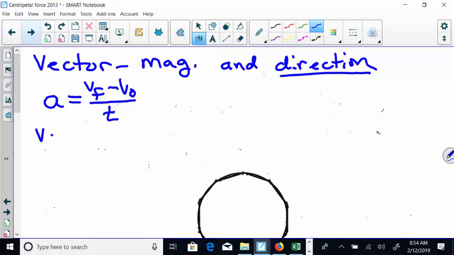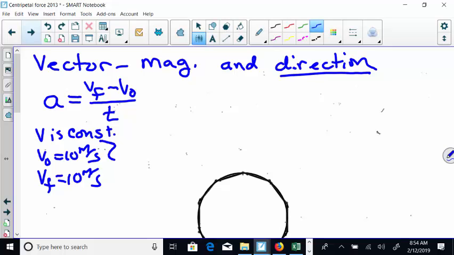If v initial is 10 meters per second and v final is 10 meters per second, I could probably logic out that, hey, that should be 0. But it's not 0 if you consider the fact that we have to deal with direction.